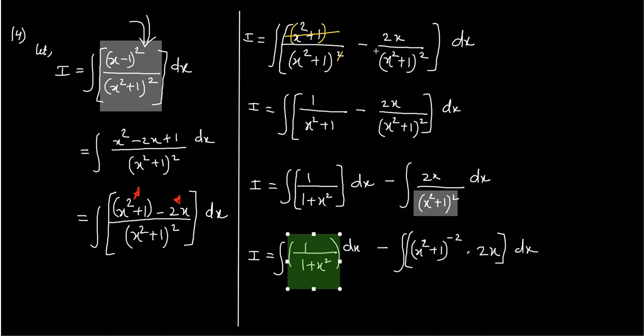Tell me, students, what is d by dx of tan inverse of x? It is 1 upon 1 plus x square. So if d by dx of tan inverse of x is 1 upon 1 plus x square, the integration of 1 upon 1 plus x square with respect to x is tan inverse x.